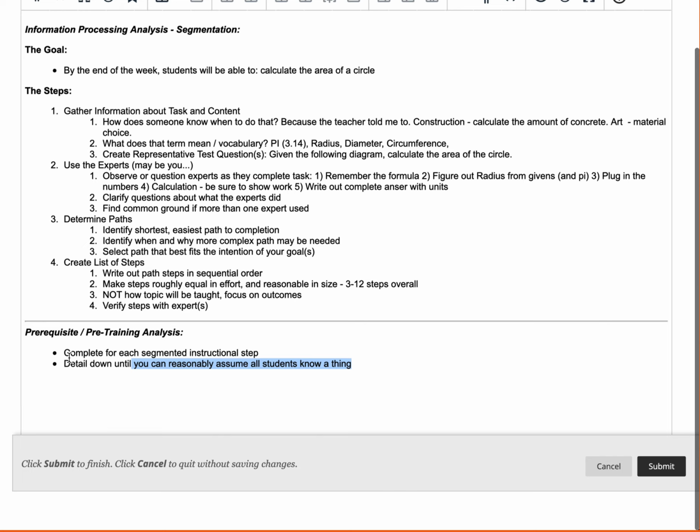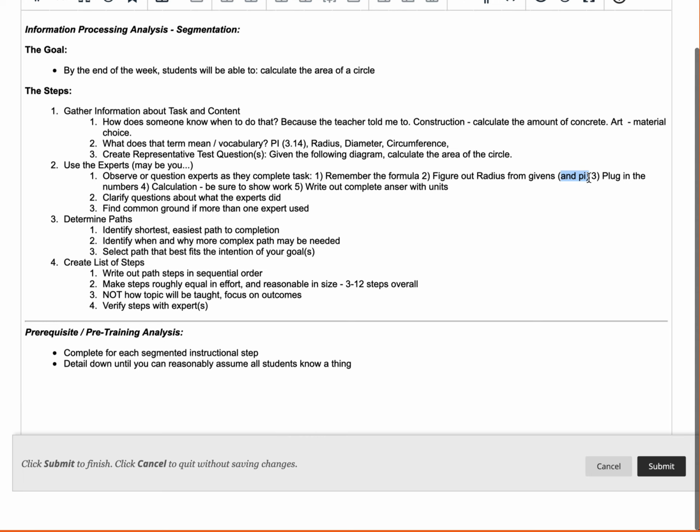So for prerequisites, you really want to look for those things that may be an issue, where you may have students that don't know a thing that they need to know in order to do this. Most students probably know pi, but these days a lot of students just push that key on their calculator, but they don't actually know what the number is.